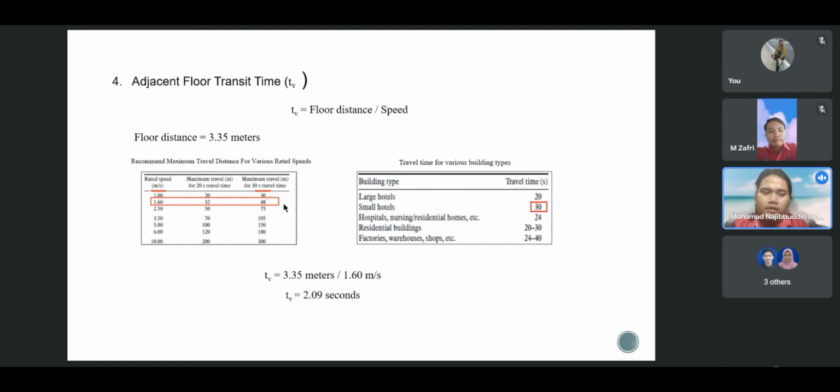So TV equals 3.35 meters divided by 1.6 meters per second. So TV is 2.09 seconds.